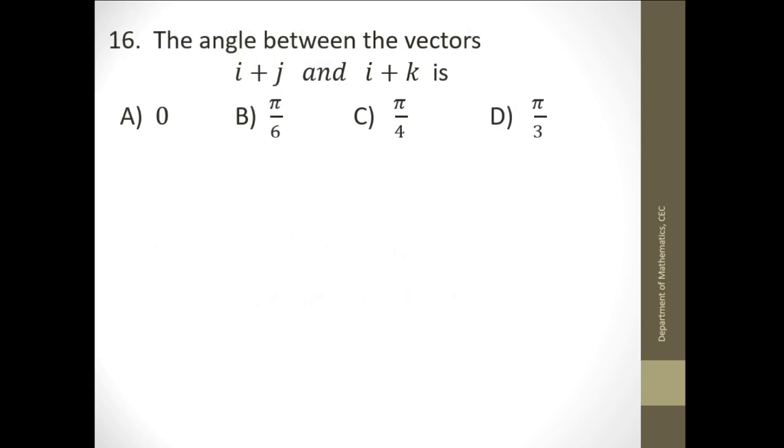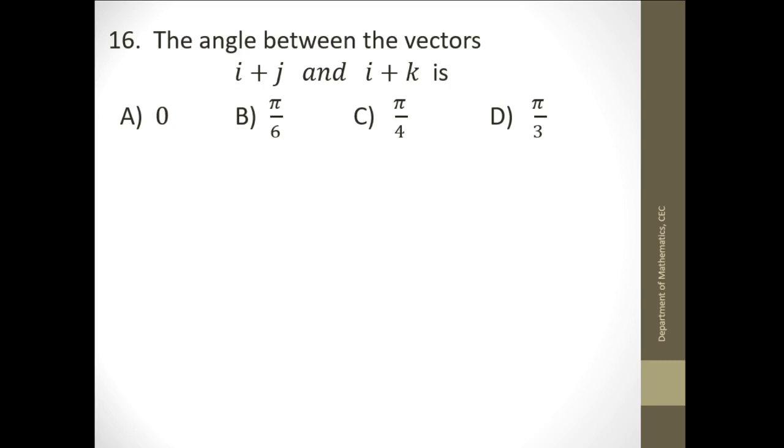To find the angle between the given vectors, cos theta is A dot B by magnitude of A into magnitude of B. Here magnitude of A is square root of 1 plus 1, that is root 2. Magnitude of B is also root 2. And A dot B is 1 into 1 plus 1 into 0 plus 0 into 1.